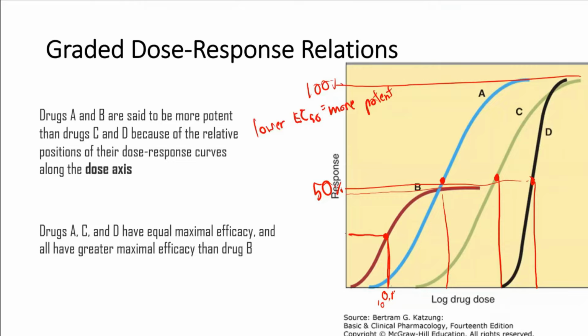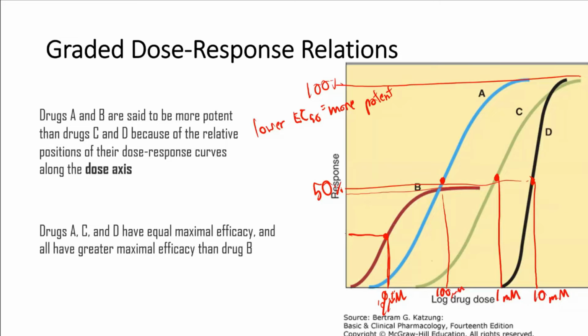So if this concentration corresponds to 1 micromolar, this one corresponds to 100 micromolar, this one corresponds to 1 millimolar, and this corresponds to 10 millimolar, then we can directly rank which one is more potent. We can say that for drug B, it takes 1 micromolar of the drug to see 50% of the maximum effect.